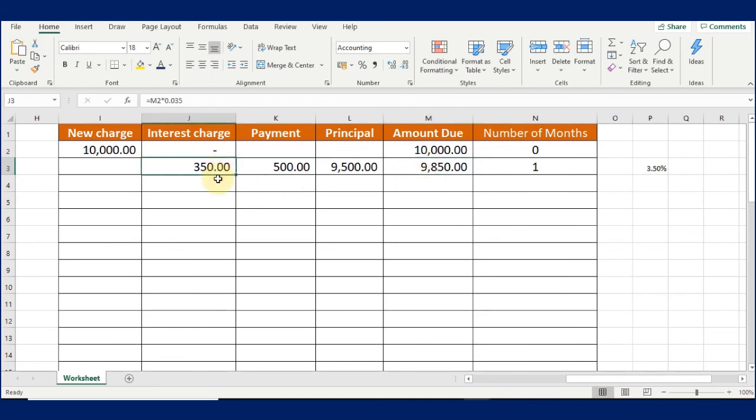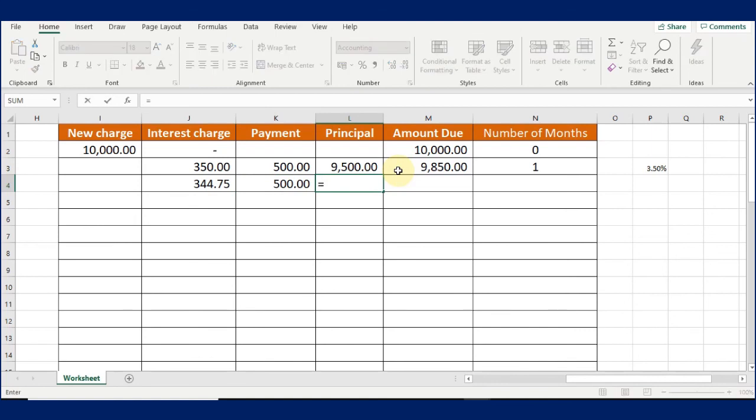Next, then just to show you what's happening again, I will get this one multiply by 0.035, and then again you have your payment of 500. How much is now your principal? It's your previous amount due minus of course your payment.